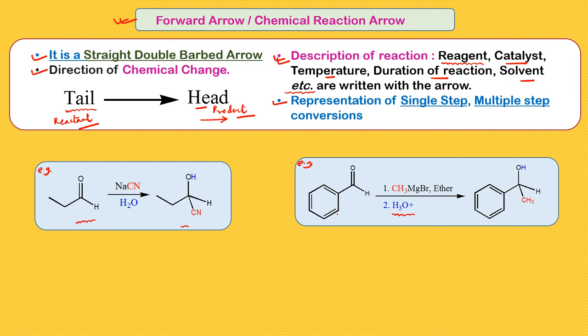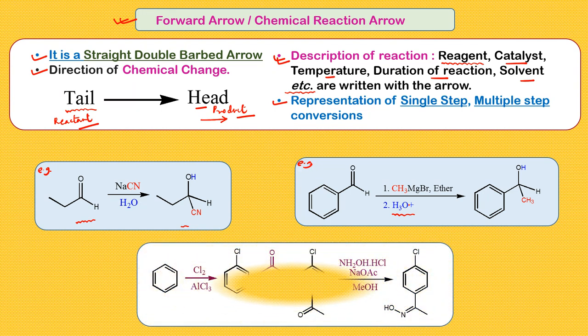So if we are writing this particular reaction, we indirectly get the idea that this is a two-step reaction, where the first step is the carbon-carbon bond formation and the second one is the workup. In the third example, we are observing a stepwise conversion of reactant into the product through multiple steps.